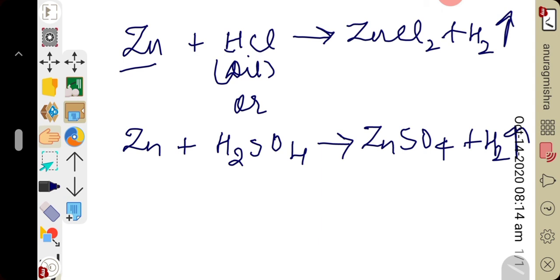So in the next video, we will discuss how these impurities can be removed from the collected hydrogen gas.